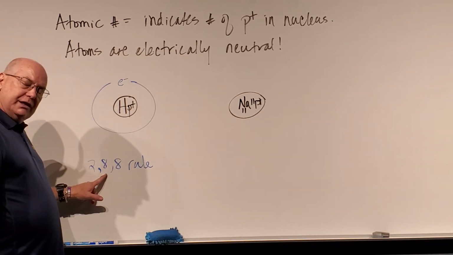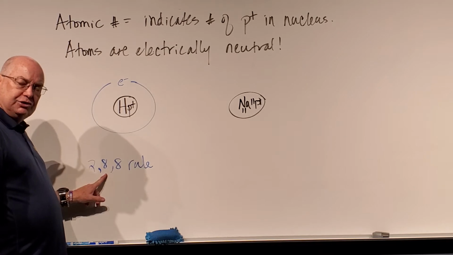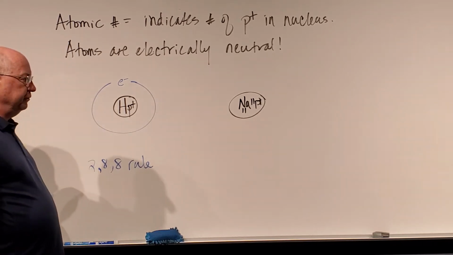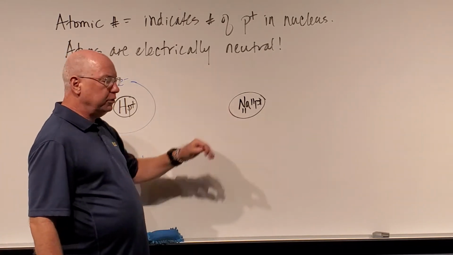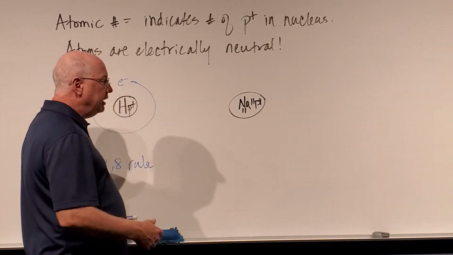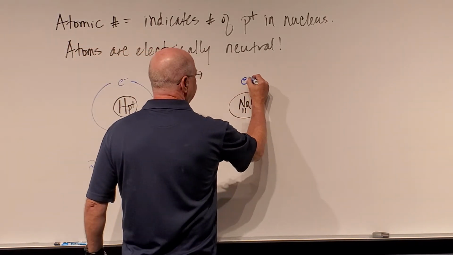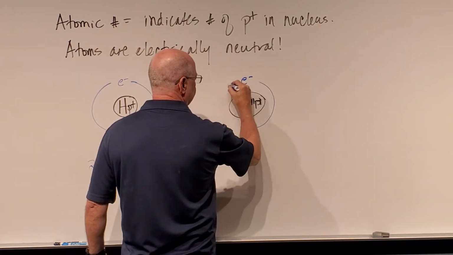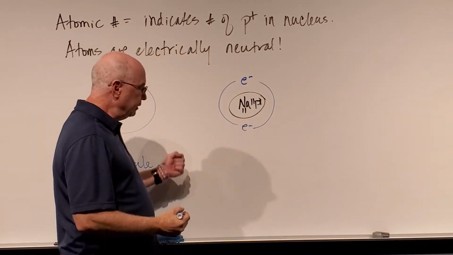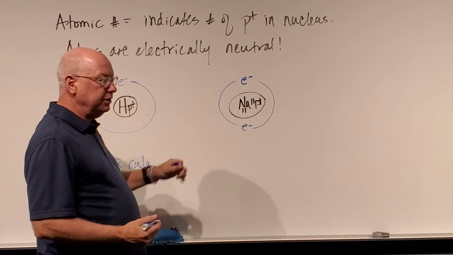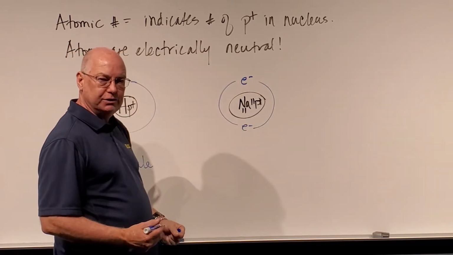Once I fill the second orbital, any additional electrons have to go into the next orbital or the next electron cloud. So since I have 11 protons in sodium, I'm going to have 11 electrons if it's neutral. And it turns out that the first orbital can hold 2 electrons. If I try to shove a third electron in there, it's going to pop out based on the number of electrons in this small space.